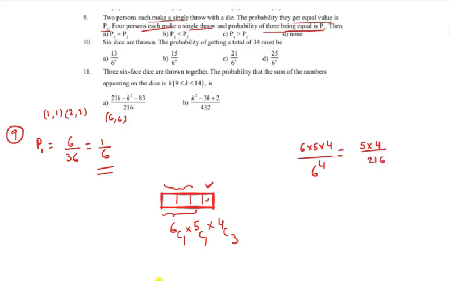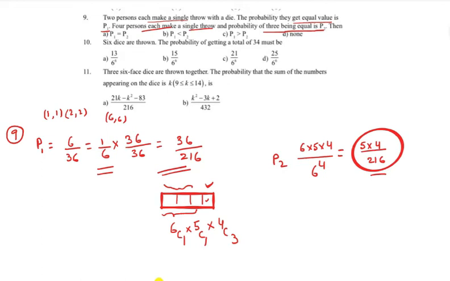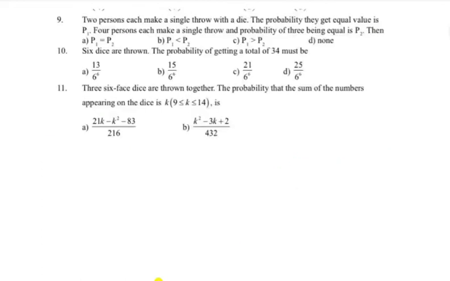So among these two, which is more? This is 5 into 4 by 216, whereas this one is 36 divided by 216, because of multiplying by 36. So this is P2 and this is P1. So I can say P1 is more than P2.